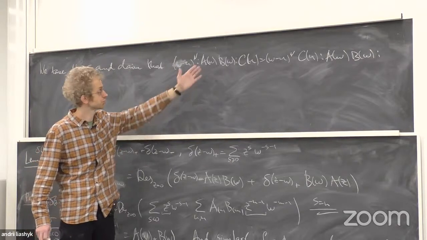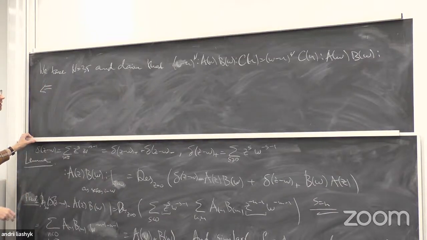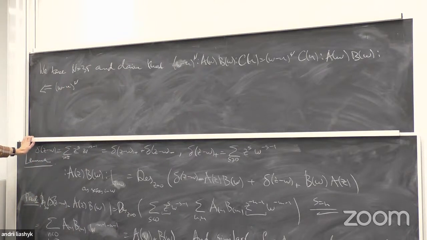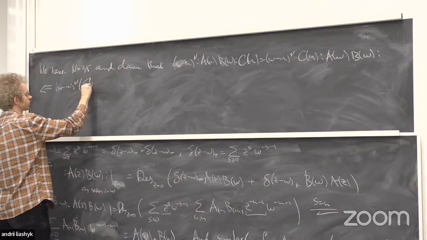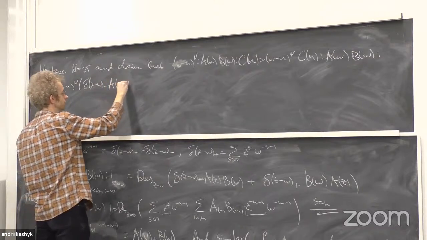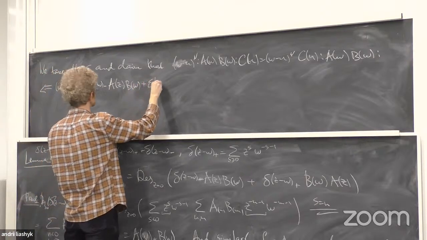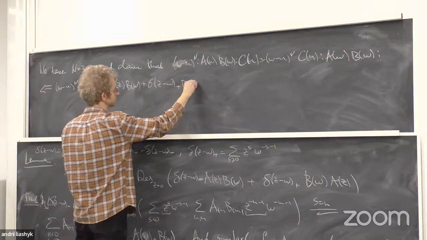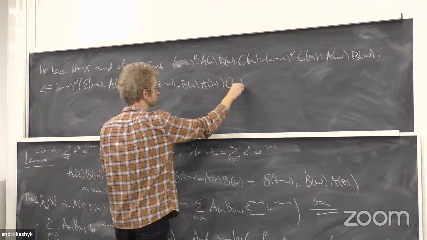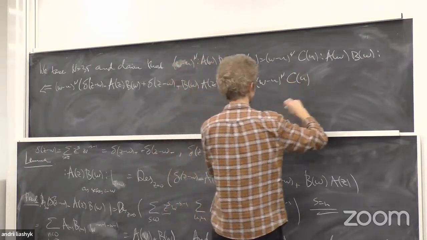Okay, so instead of writing this, I want to say that this is implied by saying that (W minus U) to the n, and here we put W plus, like this, equals to, and here.